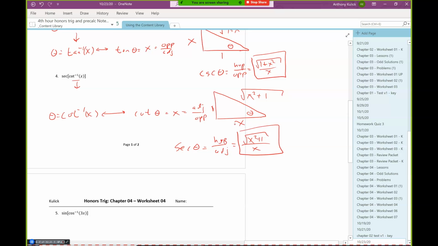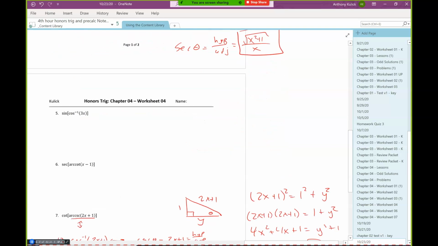Delaney? Number 7 is the reason we did the FOIL. Well, the Pythagorean theorem wasn't so simple because instead of solving for the hypotenuse, we had to solve for one of the legs.